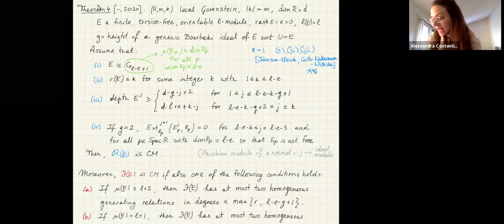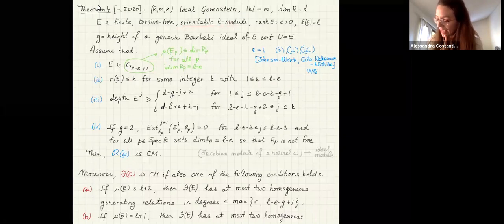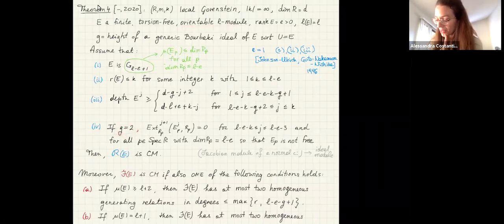But then again, there is another part where it's tricky. Here I'm assuming the modules are orientable, and my main hypothesis here is that G is equal to 2. One big issue with working with generic Bourbaki ideals is that the generic Bourbaki ideal, when it exists, has either height 1 or 2.